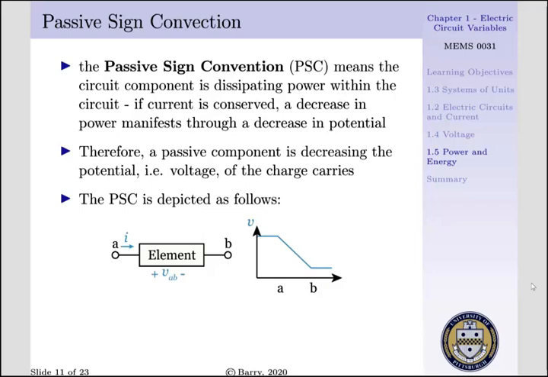The passive sign convention is dictated as follows. If our current is entering terminal A, running through our element, and exiting at terminal B, our voltage potential VAB is going to go from a high potential at terminal A to a low potential at terminal B. Graphically, we could see this as our voltage being a constant value until it reaches terminal A, where it decreases across our element to where it reaches terminal B.